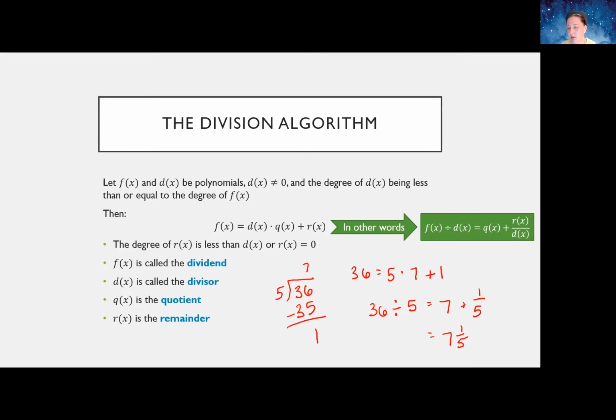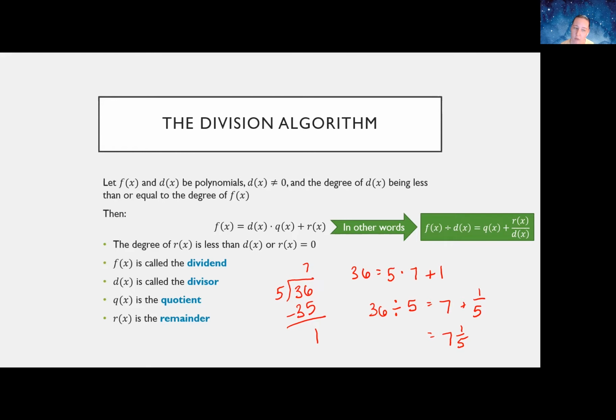What's important is understanding the vocabulary so that you know what part is what. The thing that you're starting with, your f of x, is called the dividend. What you're dividing it by is called the divisor. That's why we used d of x. Then the result of the division is called the quotient.